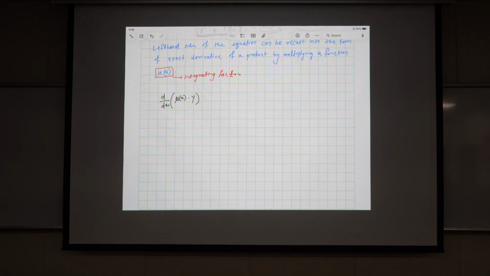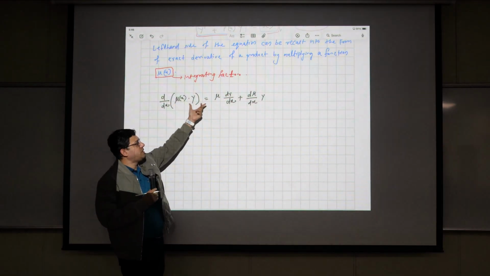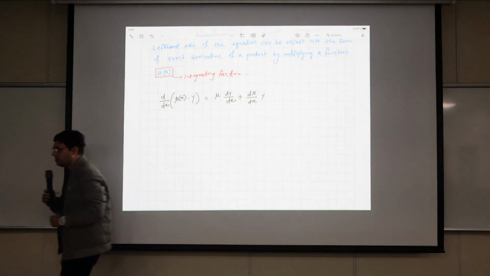If I do this, I will get mu dy by dx plus d mu by dx y. This is the derivative product rule we are applying. If I take the derivative of this integrating factor times y, I will get this one, right?